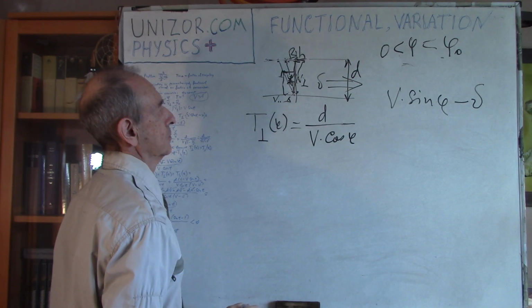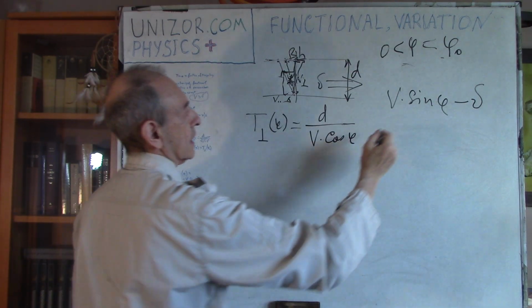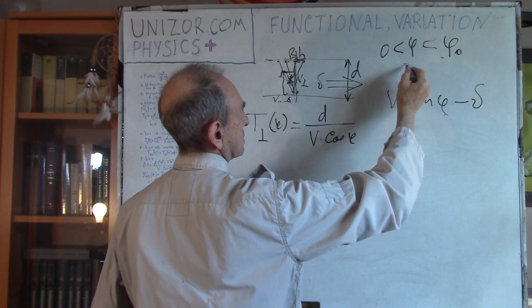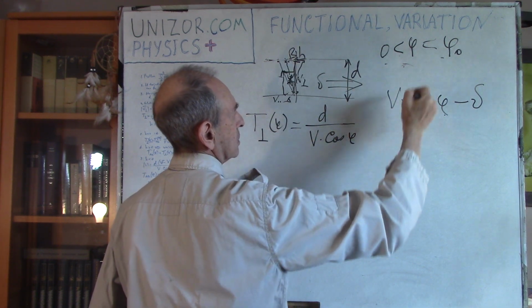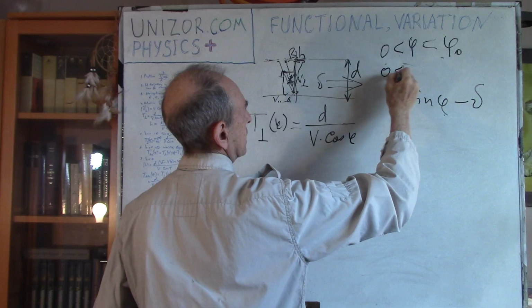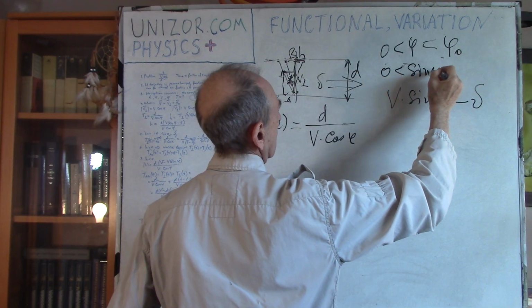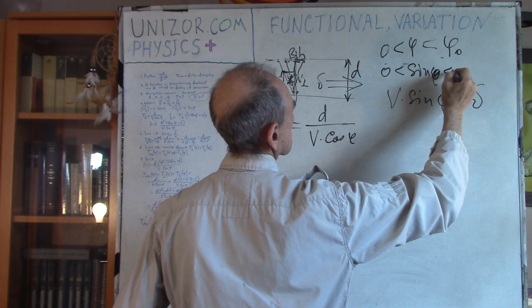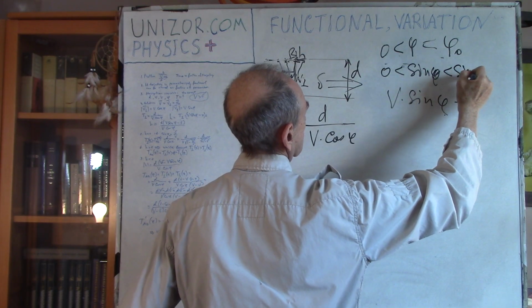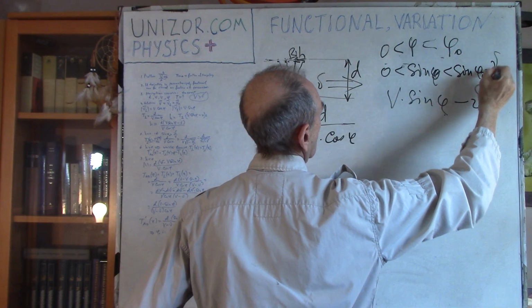So we really have to assume that since phi is in this particular range, then sine phi is less than sine phi 0, which is u over v.